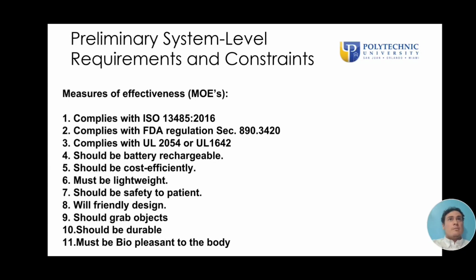Here we have the preliminary system level requirements and constraints. These are our measures of effectiveness, or MOEs. We have to comply with ISO 13485:2016, which is designed to respond to the latest quality management system practices, including changes in technology and regulatory requirements and expectations.